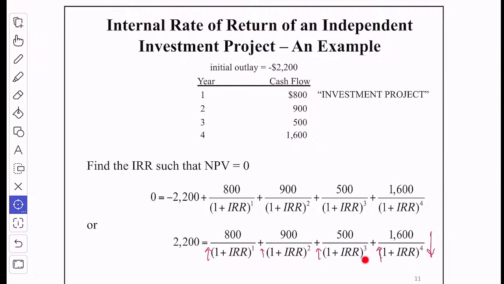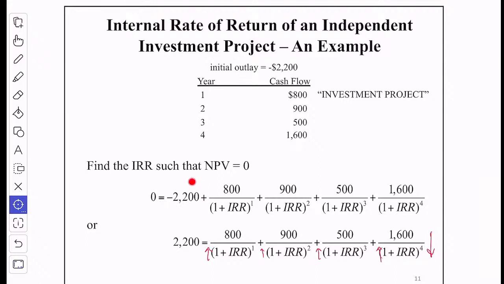Looking at higher and higher rates of return, this entire amount decreases and is less able to offset this amount. So this is a function in IRR: as IRR increases, the function goes down. Does everybody see that?